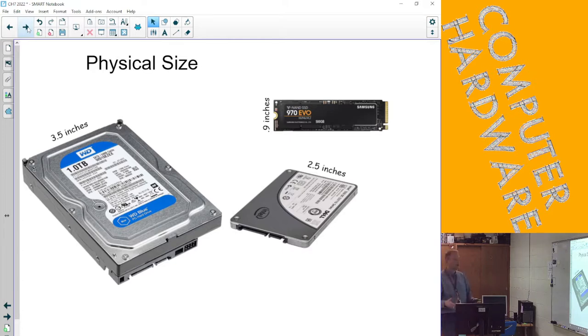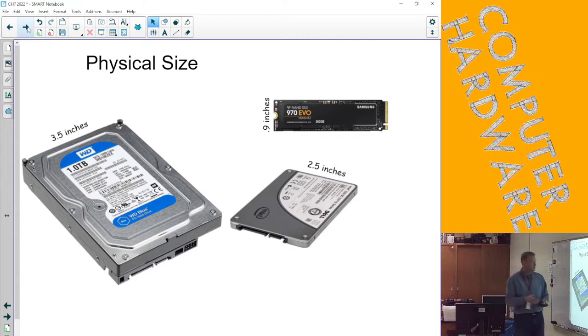Now, they may not physically fit. I can't shove this into the hard drive bay in this computer without it just sitting there and flopping around, because there's no way to screw it in. But as far as the connections go, these two are exactly the same.